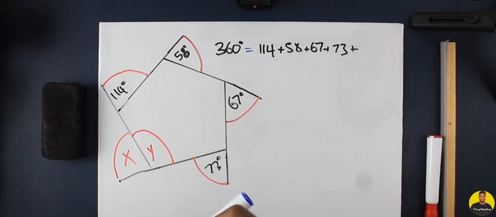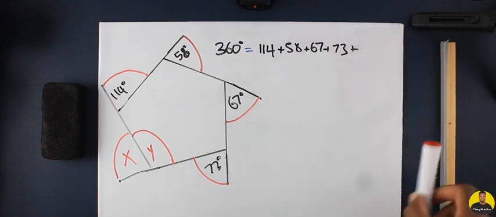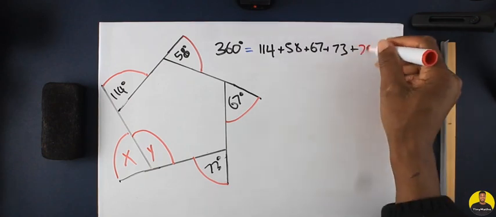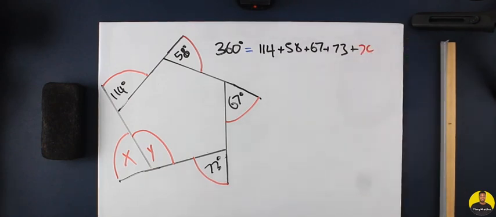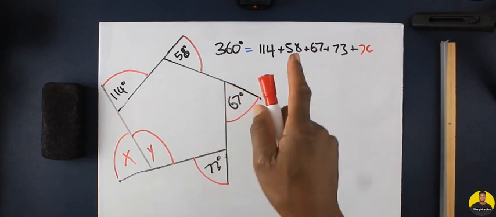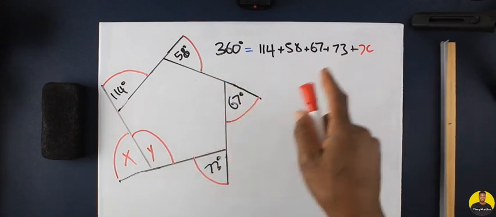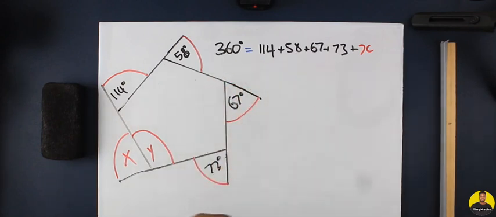X is the external angle. So 360 degrees must equal 114 plus 58 plus 67 plus 73 plus x. We can then work out what the angle x is.